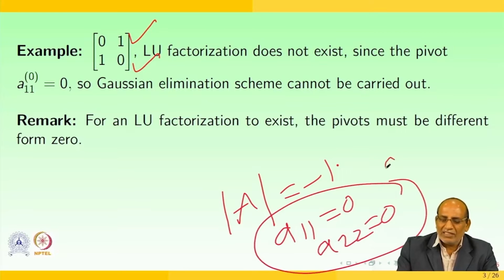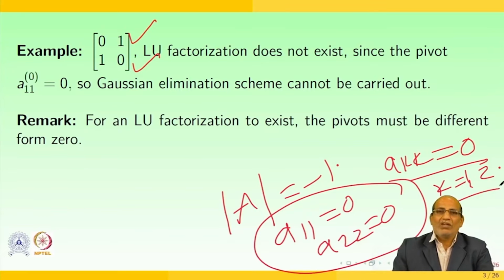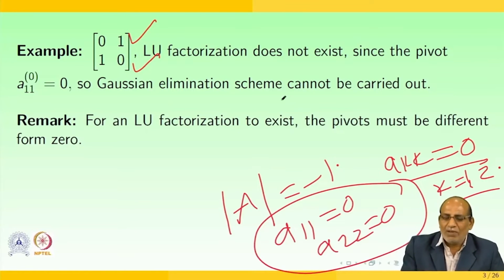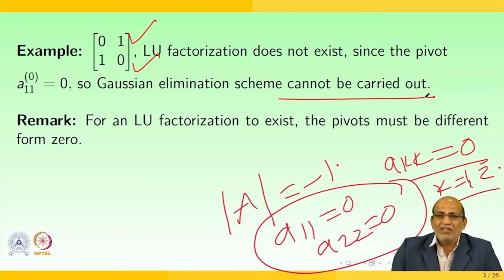So that means A_kk is 0 for all k = 1 to n. That means the LU factorization does not exist. Why? Because the pivots A11 and A22 are 0, so the Gaussian elimination scheme cannot be carried out. We will not be able to do any Gaussian elimination for this matrix.